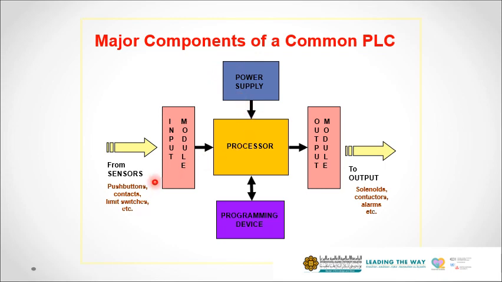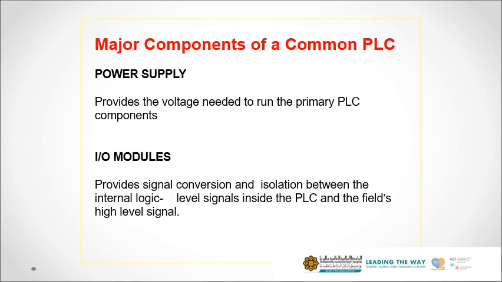So your input can have analog and digital types. Your output can also have digital and analog types as well. Okay. So the power supply is basically used to provide the power to the PLC.